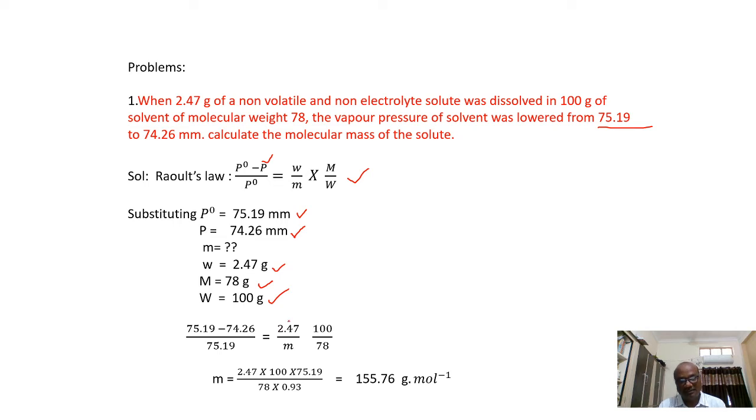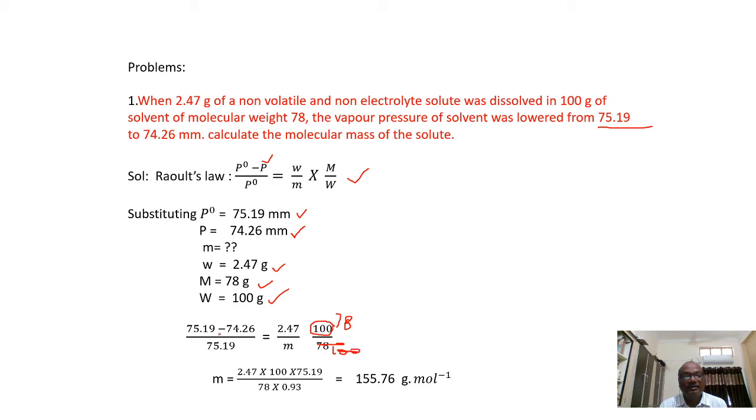That equals small w, 2.47, by small m, into capital M by capital W. Here you have to substitute 78 divided by 100.